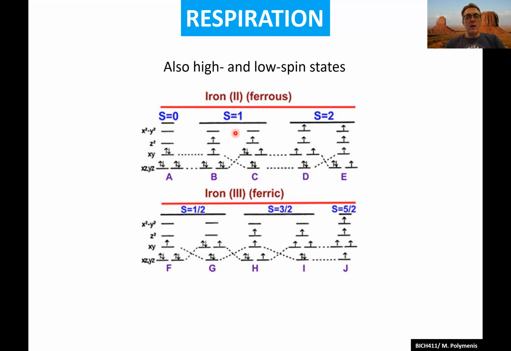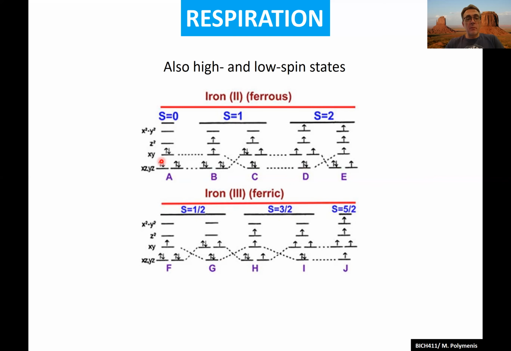states of iron 2 or iron 3, if you go and count the single electrons, we have 13 unpaired electrons in iron 3.